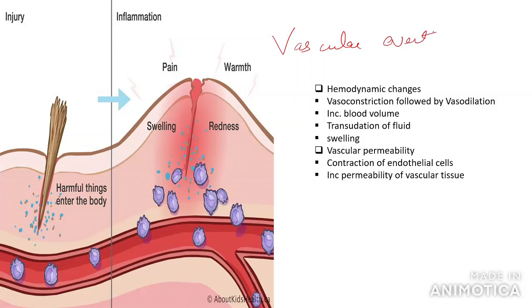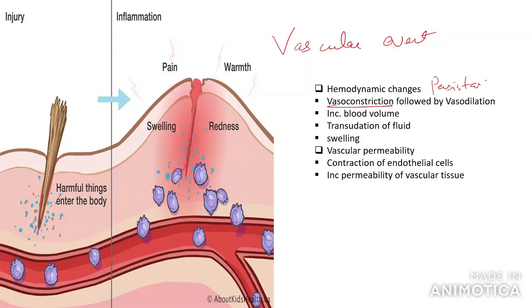Now what happens is, if there is any kind of cut or something, the immediate effect that you will be seeing is oozing out of the blood. So there has to be an immediate vasoconstriction followed by a persistent vasodilatation. So vasoconstriction is needed in order to stop that oozing out of the blood.